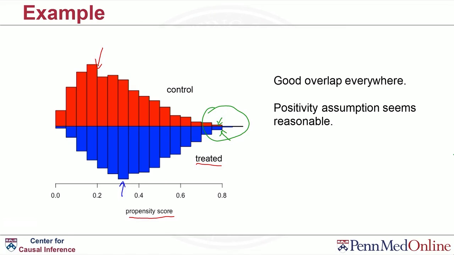So we're seeing overlap wherever you go. Same thing on the other tail, some people in both the treated and control group have a very, very small probability of getting treatment.